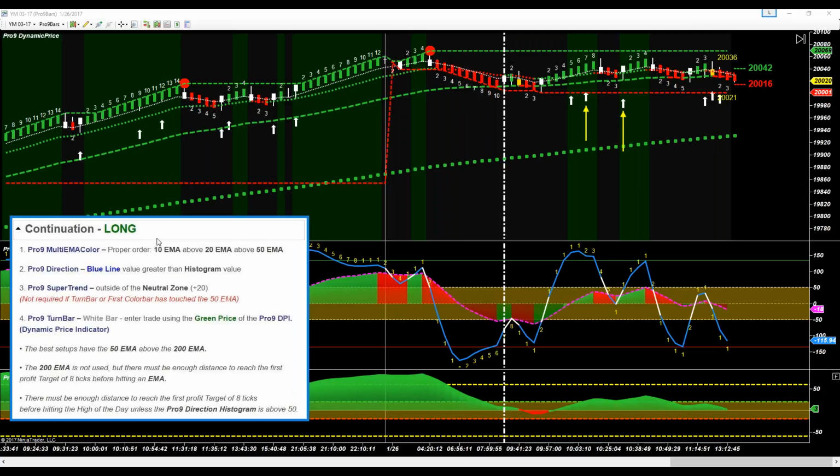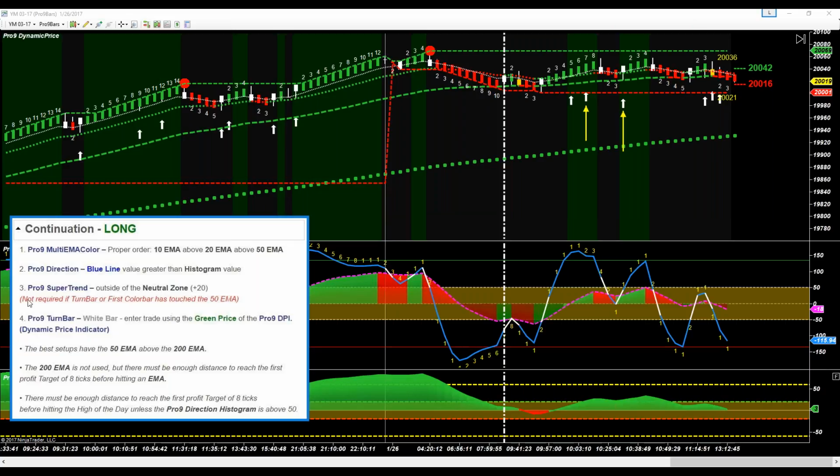So our continuation trade is we're looking for only the 10, 20, and 50 EMAs to be in the correct order. So we're not concerned with the 200 off the bat. But like the single T, we are concerned with the blue line being greater than the histogram in the case of this long trade. We are also concerned with the super trend being outside of its neutral zone.